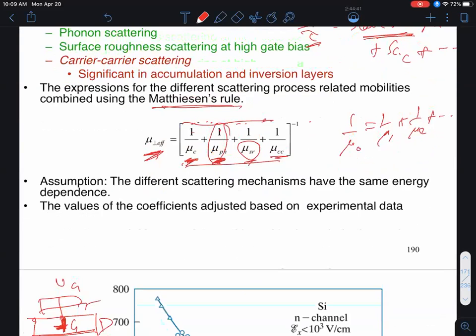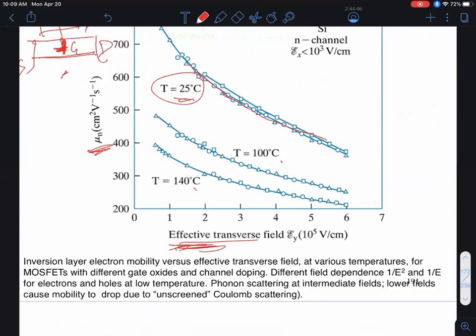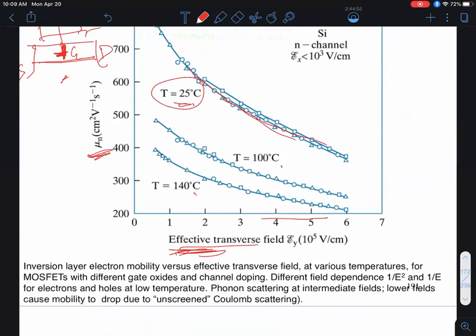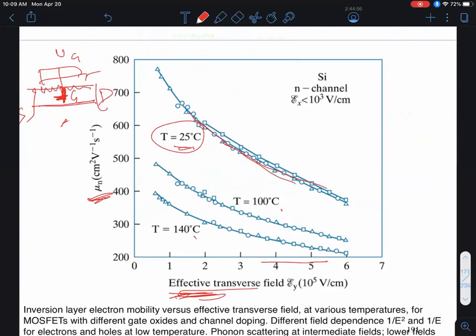But as long as I'm at, say, room temperature, all devices will have this universal dependency on mobility. And the mobility decreases as this transverse field goes up because, as I said, remember the sandpaper example? So that's your sandpaper. So I'm kind of pushing these electrons tighter and tighter against the sandpaper, making it harder and harder for them to flow from the source to the drain, okay?